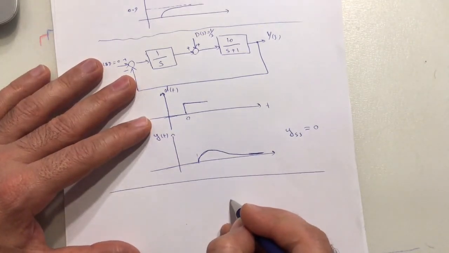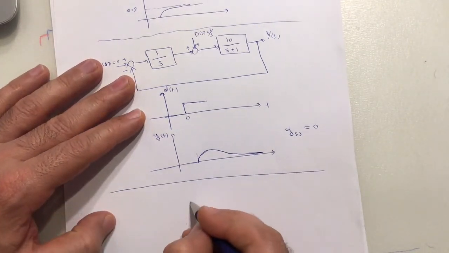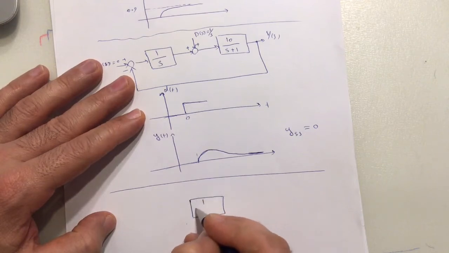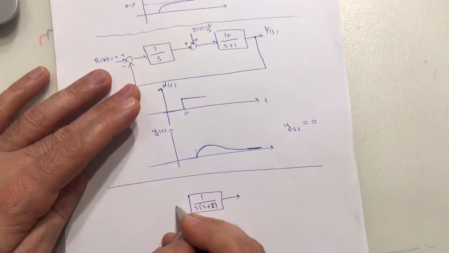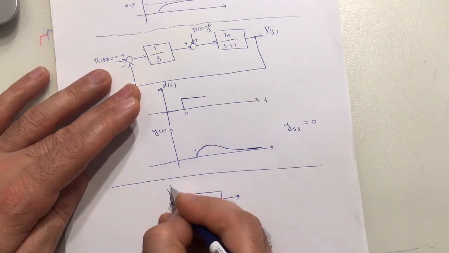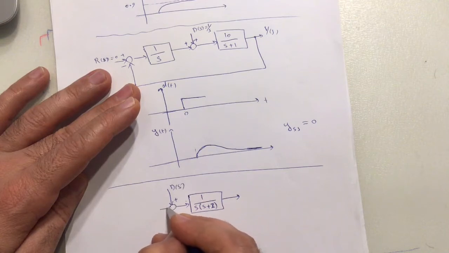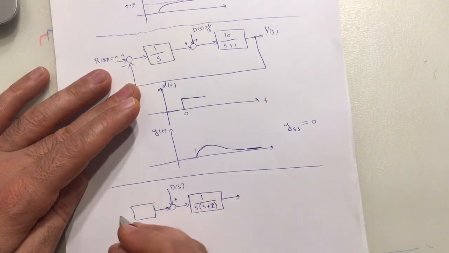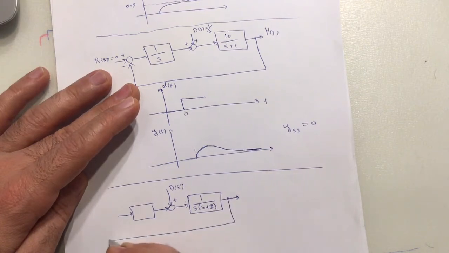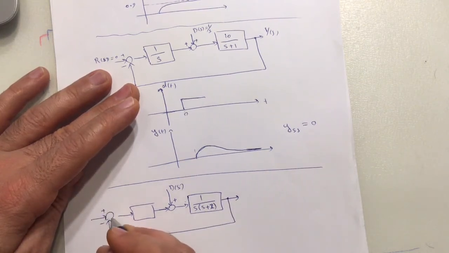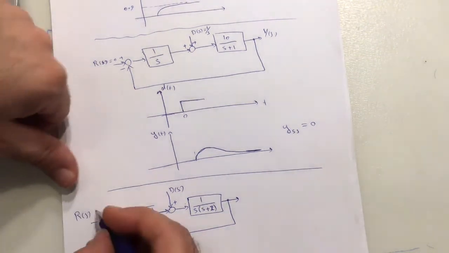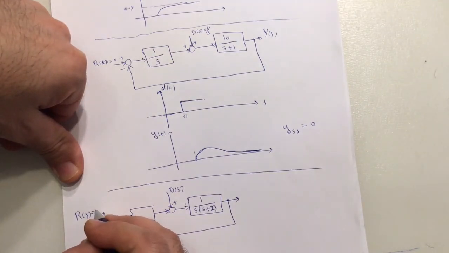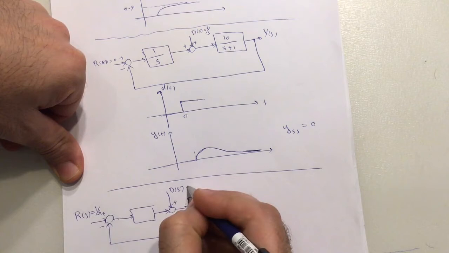It's a bit more advanced example. We have a system which is 1 over S multiply S plus 1, or maybe S plus 2. I know that the reference is a step and also the disturbance is a step.